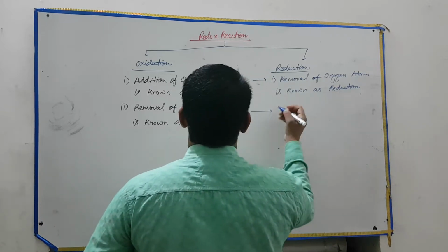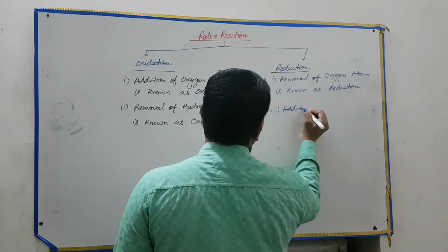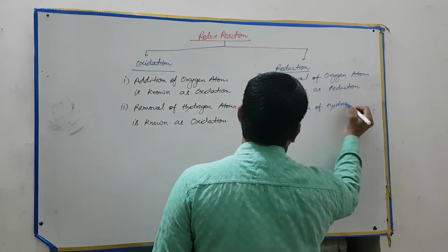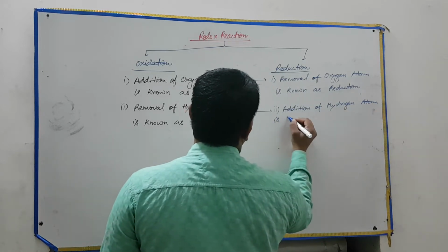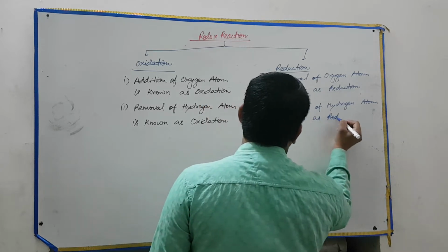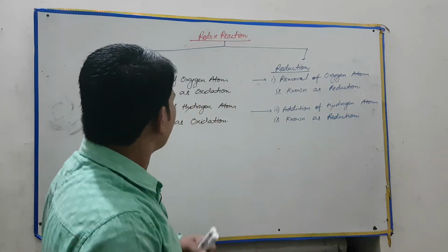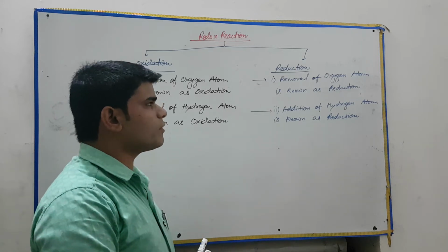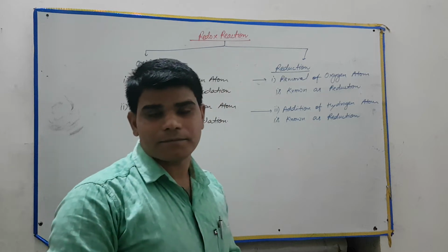And the other point is addition of hydrogen atom is known as reduction. So for reduction we also have two points: removal of oxygen atom and addition of hydrogen atom.